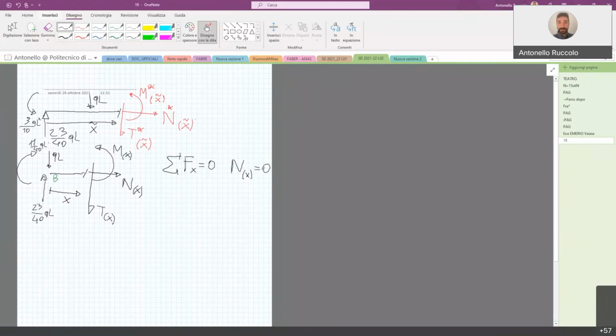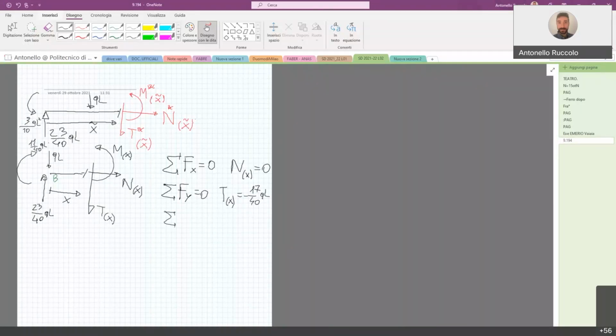Then we have Fy equal to 0, meaning that x is equal to 23 over 40 QL minus QL. So minus 17 over 40 QL. I would say, let me check. Yes.